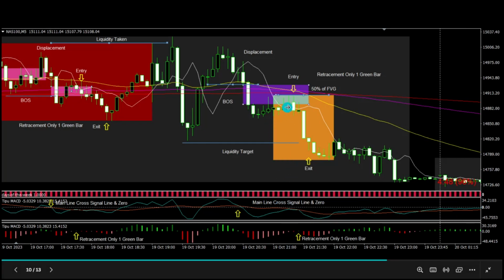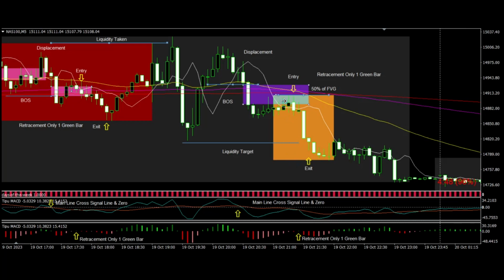Now that might discourage you from taking the trade, but if you want to make doubly sure that price is going to continue to the downside, you'll want to let price form a swing high. And instead of entering on this candle, you can enter on this candle because it closes outside of the fair value gap and it has created that swing high with a candle that has lower candles to the left and to the right.